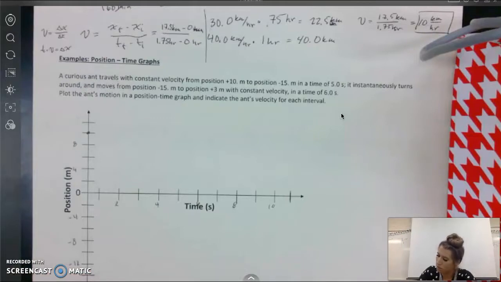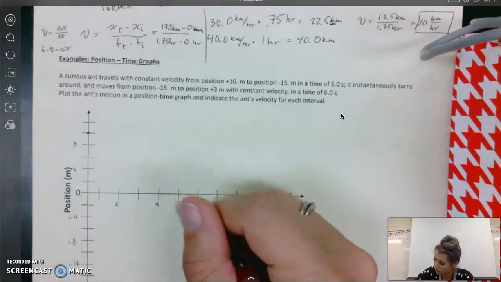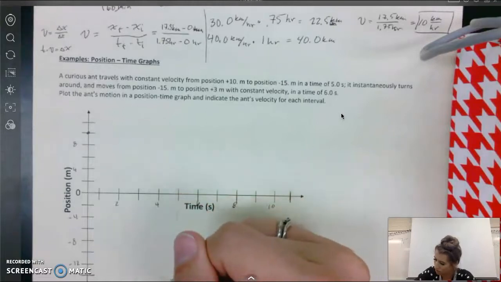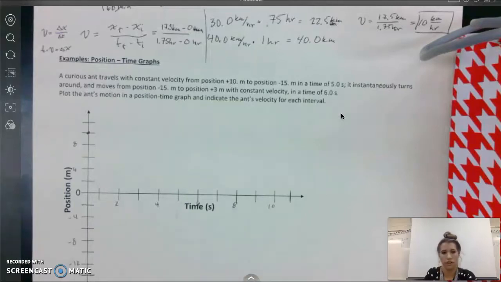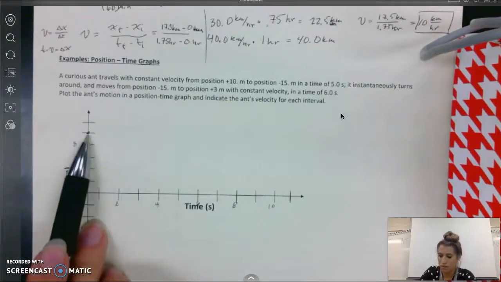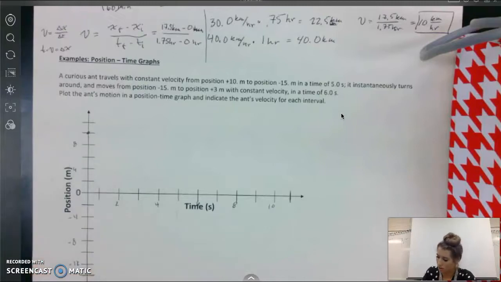But it completes that in 5 seconds. So there's my 5-second mark. Okay, so we went from time 0 at a positive 10 down to a negative 15, and that happened within the time frame of 5 seconds.